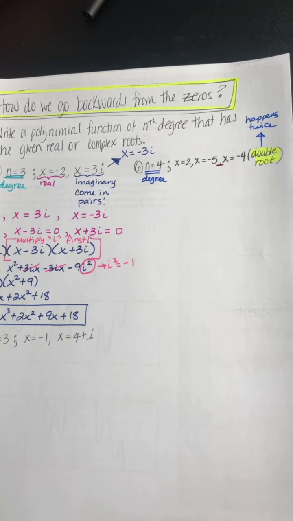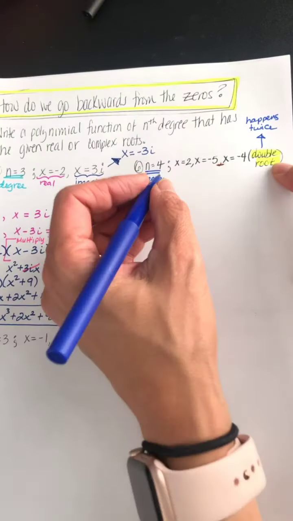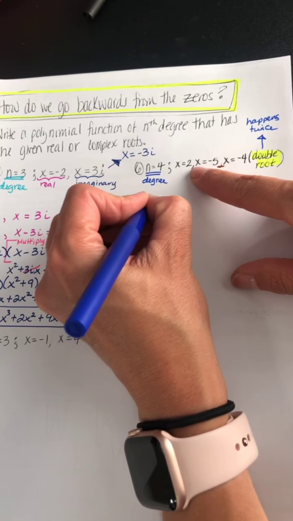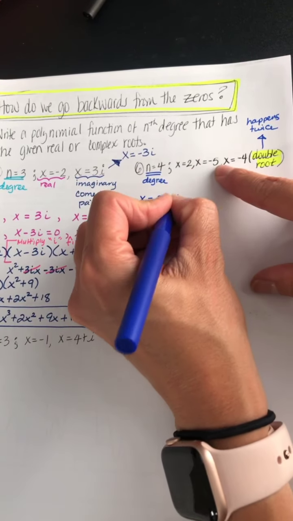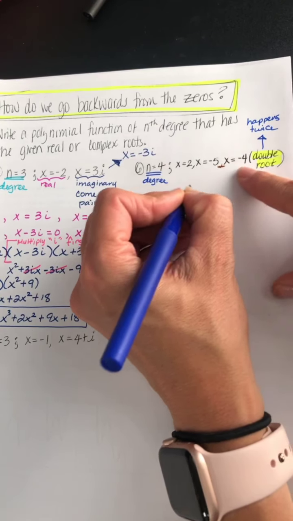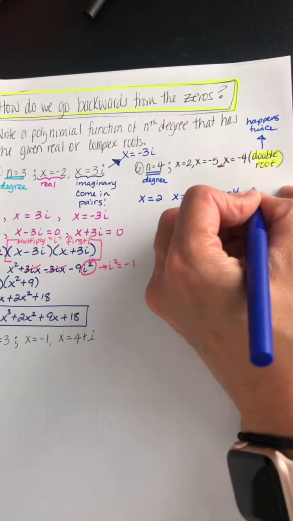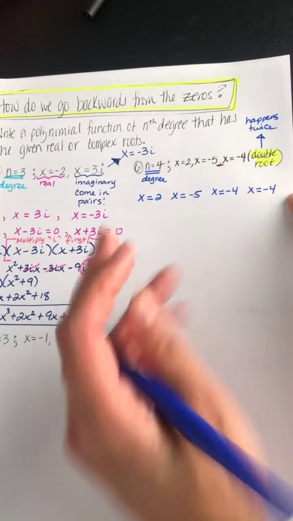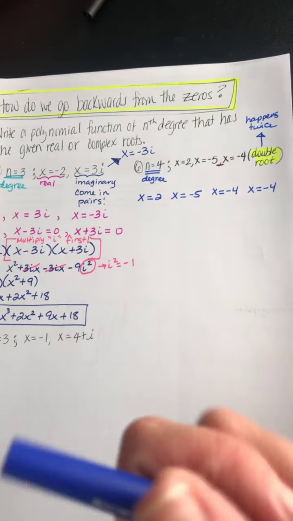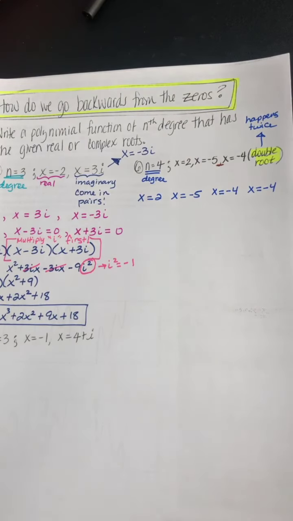Okay, so what that means is when you have a double root, one of the roots is x equals 2, one of them is x equals negative 5, and 2 of them are x equals negative 4. So x equals negative 4 and x equals negative 4. It occurs twice. That's all that means. It's really easy to remember.